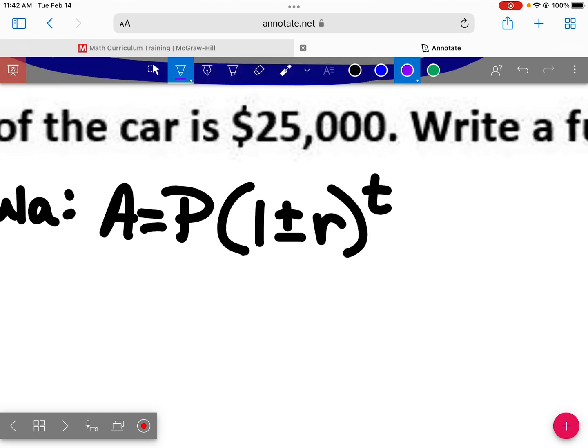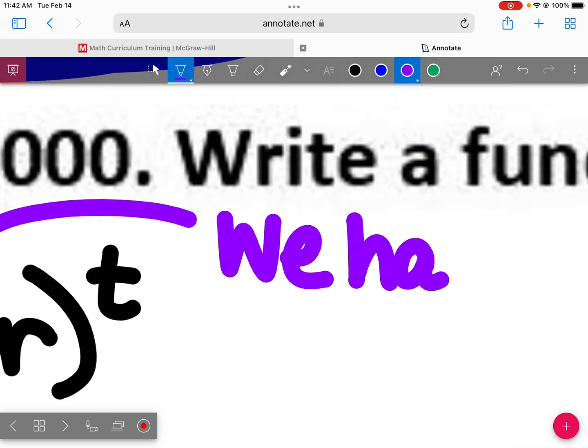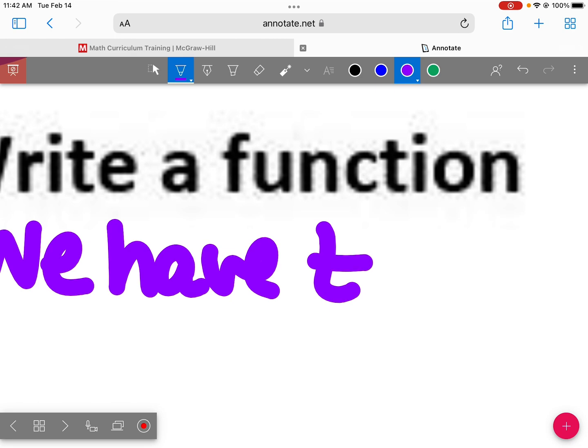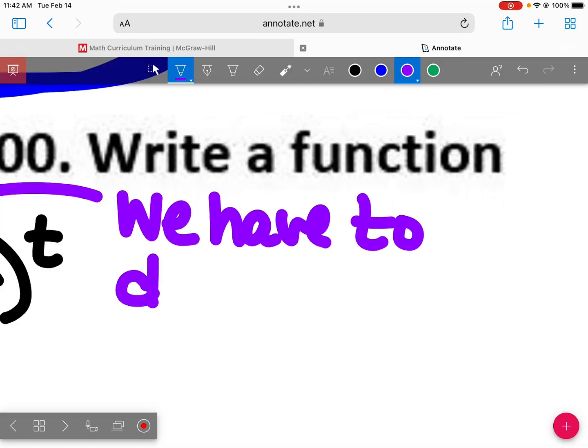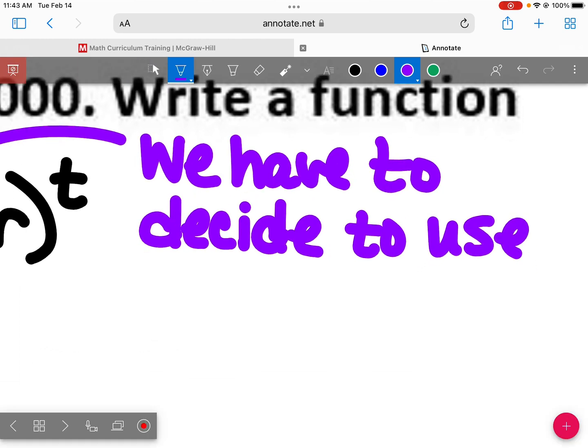What does this symbol here mean? It could be plus or minus. We have to decide whether it's plus or minus. You won't use both, the plus or the minus.